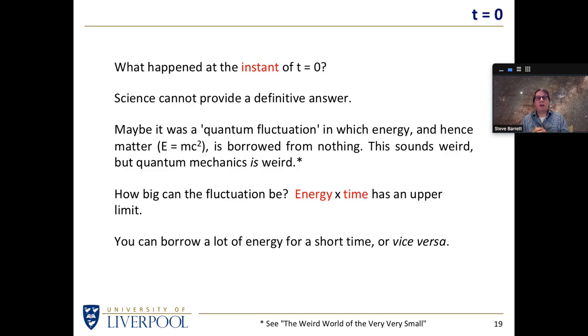So the key thing in terms of how long could we possibly borrow energy is how much energy are we borrowing? And the weird answer is when you look around and you say, well, how much energy is there out there? There's a huge amount of mass that we see, and we can work out the energy from E equals mc squared, so we get a large amount of positive energy based on all the mass that's out there.